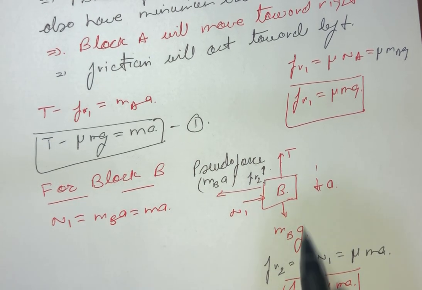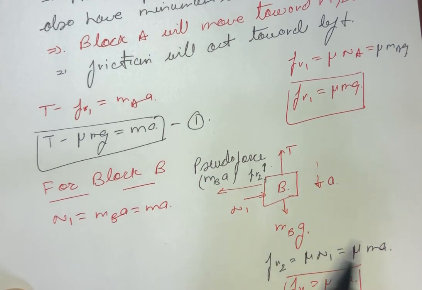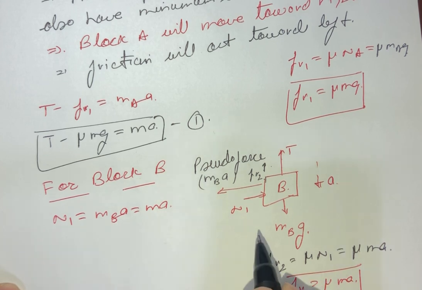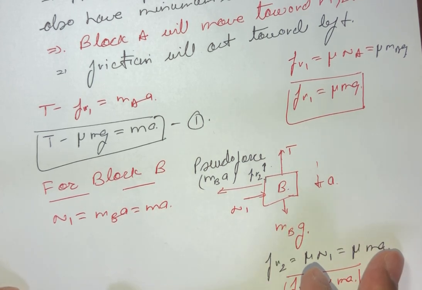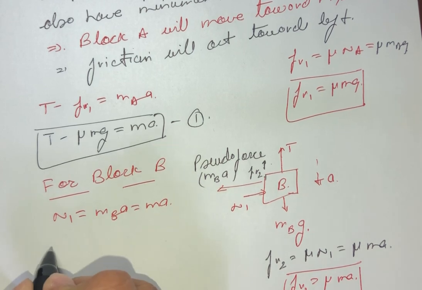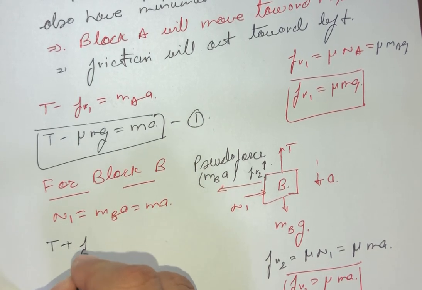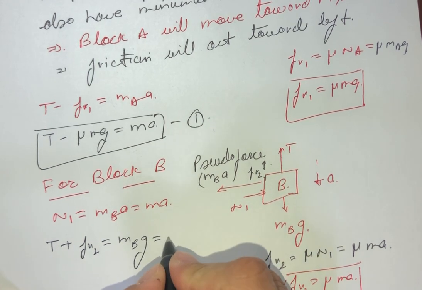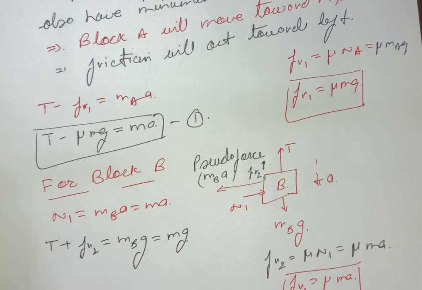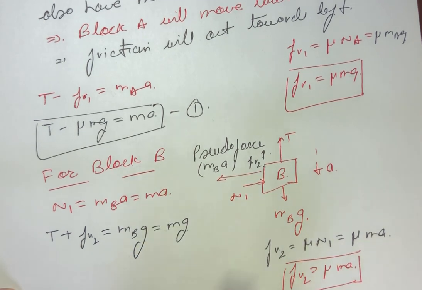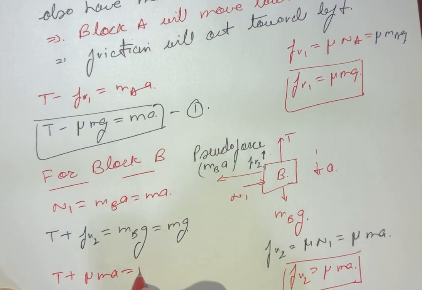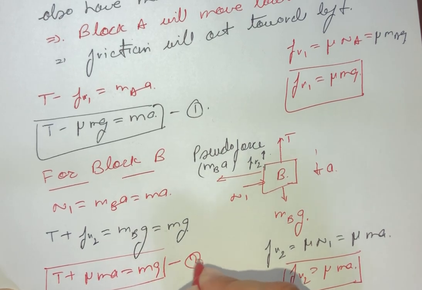Now we can write the equation in the vertical motion also, that is moving downward. So we can say that the equation will be T plus Fr2 is equal to mBg, or we can say mg. We substitute the value of Fr2, we get T plus mu ma is equal to mg. This is equation number 2.